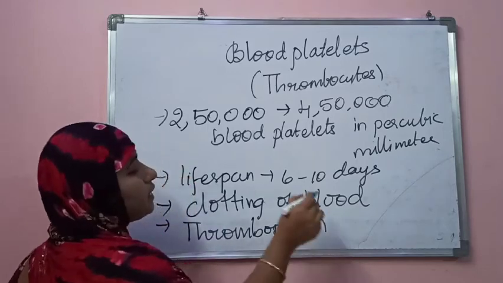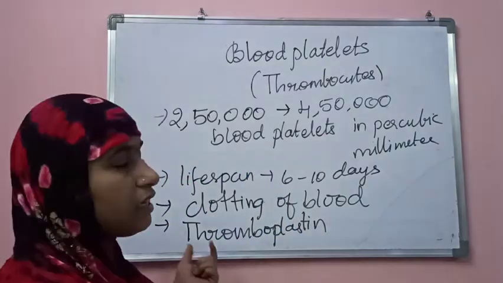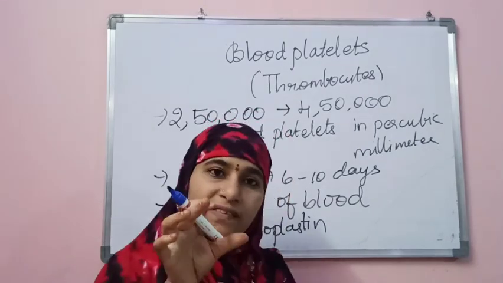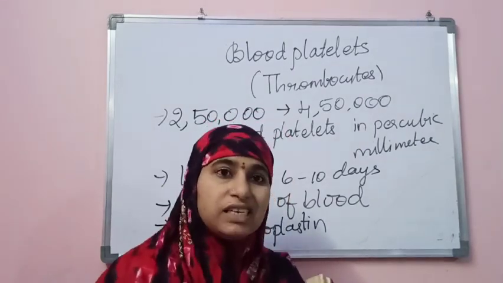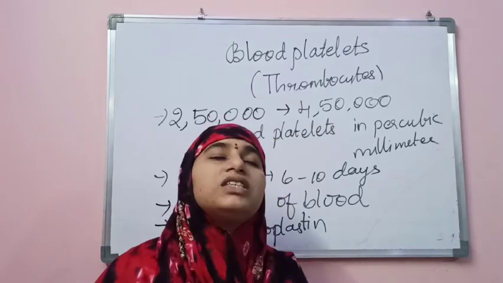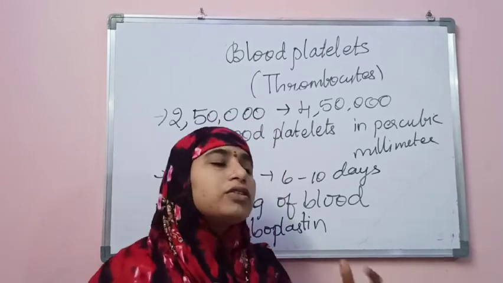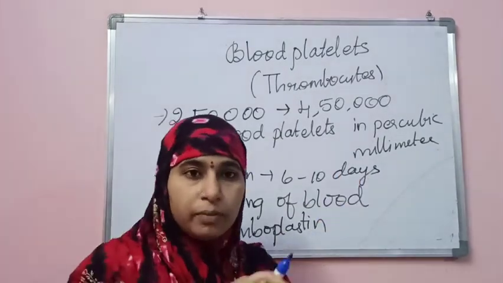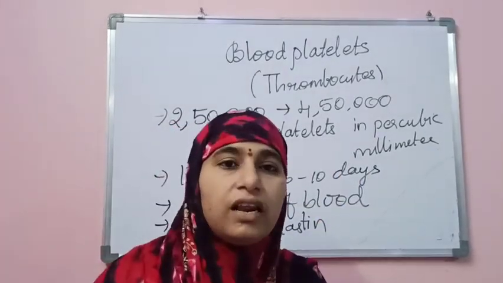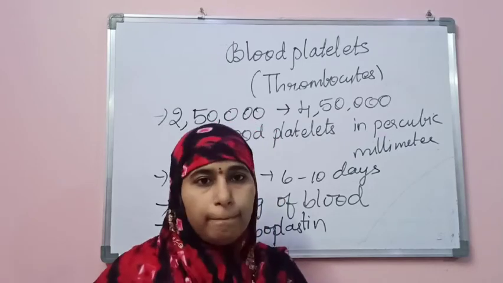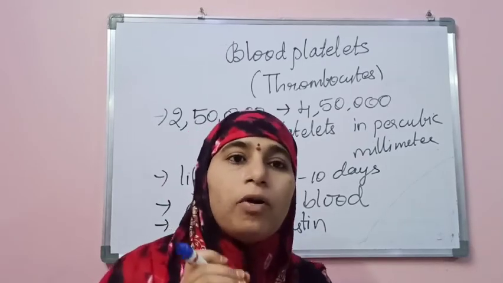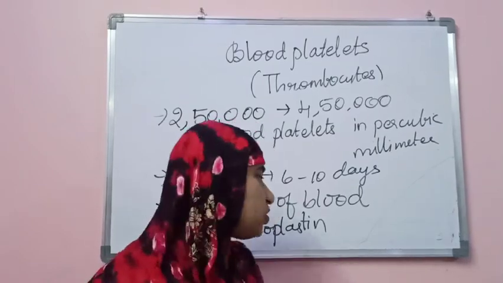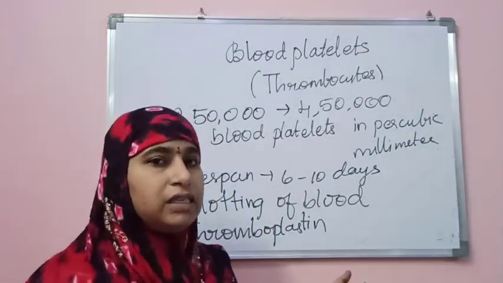This thromboplastin is the clotting factor present in the blood platelets whenever there is a wound or injury. It helps in sealing that wound. So when there is a cut, immediately the blood platelets gather there, form a seal and stop the flow of blood. So blood platelets are very important in the clotting of blood. How did the blood platelets get that nature? Due to the presence of thromboplastin.